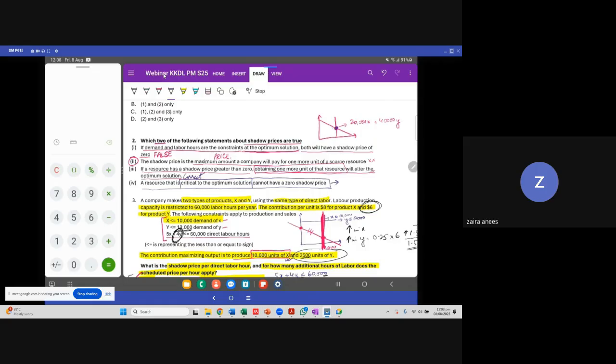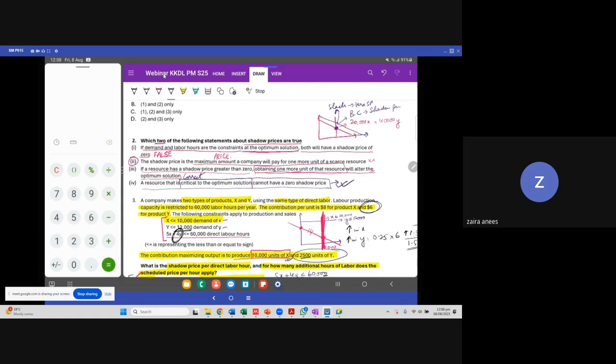The point which is making the solution is a binding constraint, and a binding constraint has a shadow price. The point which is above the solution is slack, and slack has zero shadow price. So this is the correct one.